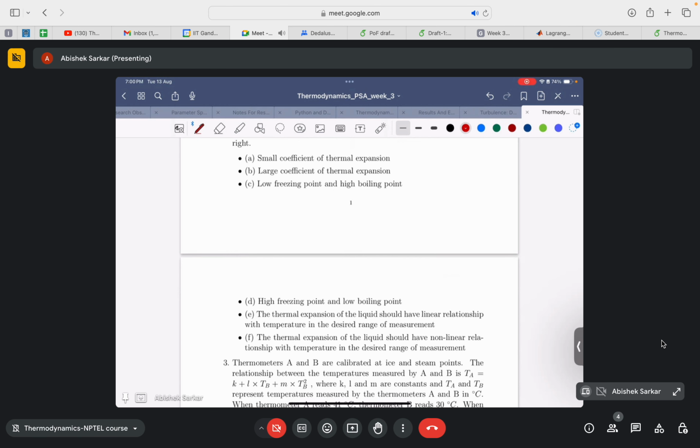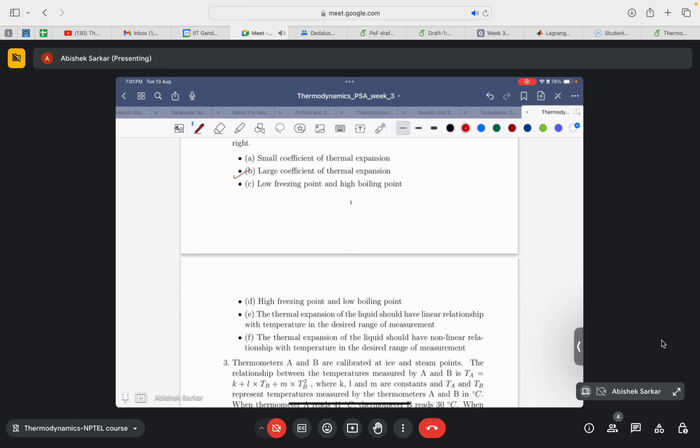Okay, so the correct options would be option B, large coefficient of thermal expansion, so that the readability of the temperature measurements can be improved. If the thermal expansion coefficient is very small, then the liquid used in the thermometer will expand very little for a change in temperature.